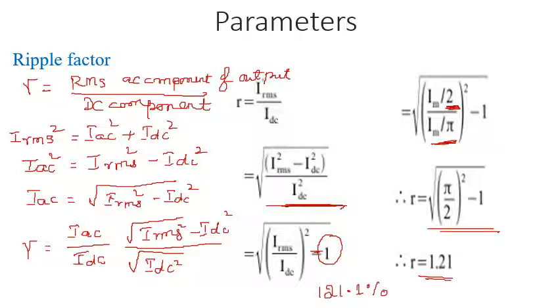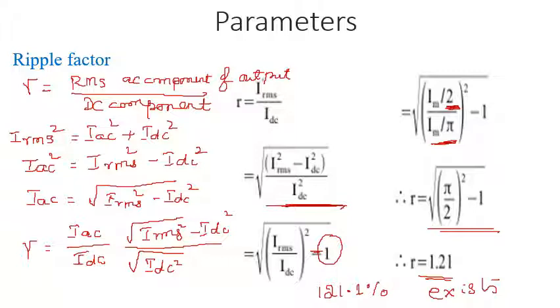In percentage it is 121.1%. That indicates that 121.1% of the DC component ripple exists in the output.